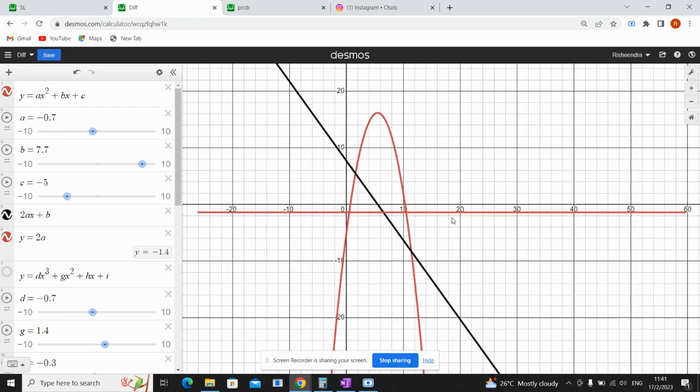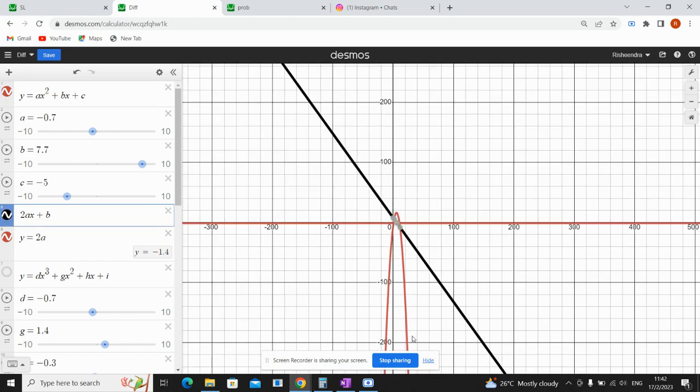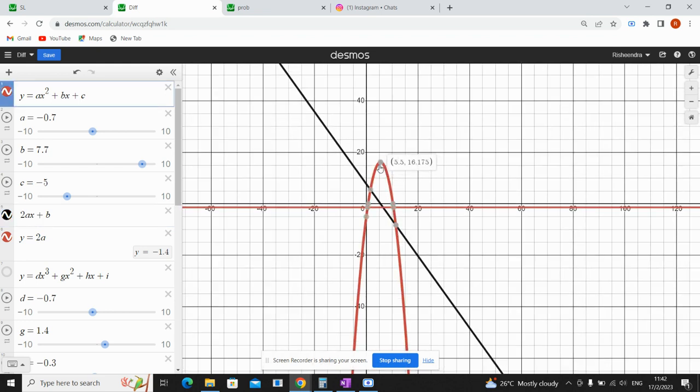When we double differentiate it, the value of y is minus 1.4, and the minus indicates it has a maximum value. Look at the parabola shape. The minimum value of this parabola is infinity, but the maximum value cannot go more than 16.175. That's for this parabola.